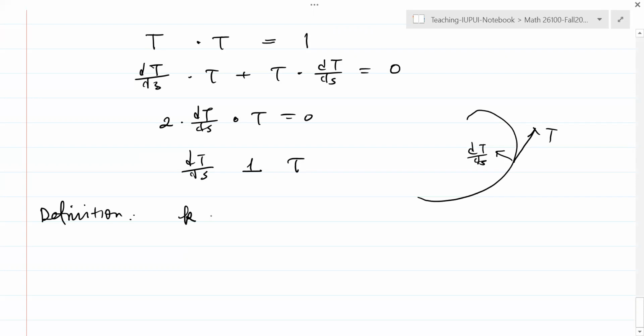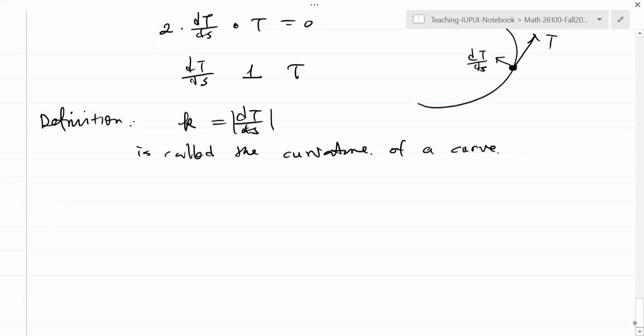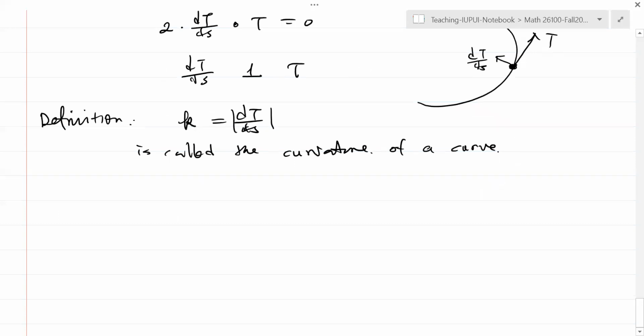At that point, dT/ds is going to be called the curvature of the curve at that particular point. It depends on the point. So that is curvature.